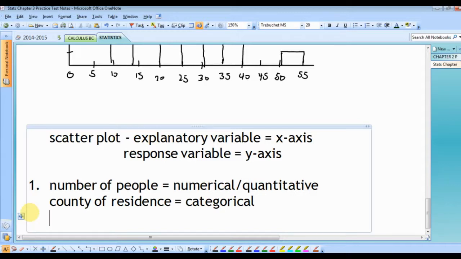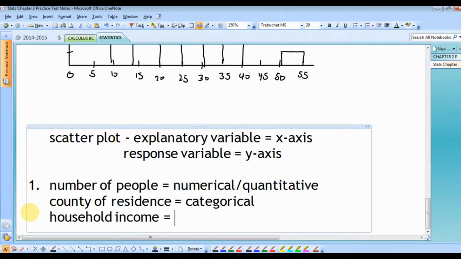Household income. Again, a typical answer for household income would be like, say, $104,000 per year. So that's actually not that bad. But 104,000, that's a number, so this is, again, numerical, quantitative.